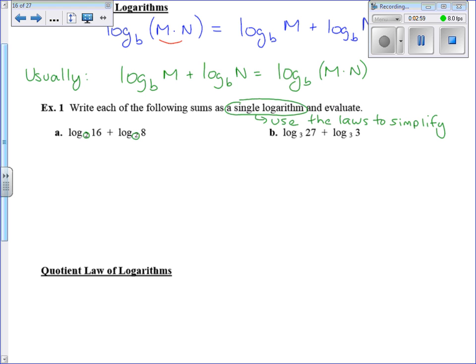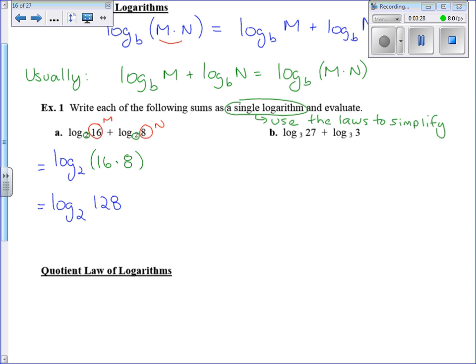So what we're going to do here is we have log base 2, and then what we have in here is the 16 will be m, and the 8 will be n. So we have log base 2 of 16 times 8. Carry out that multiplication: 16 times 8 is 128.